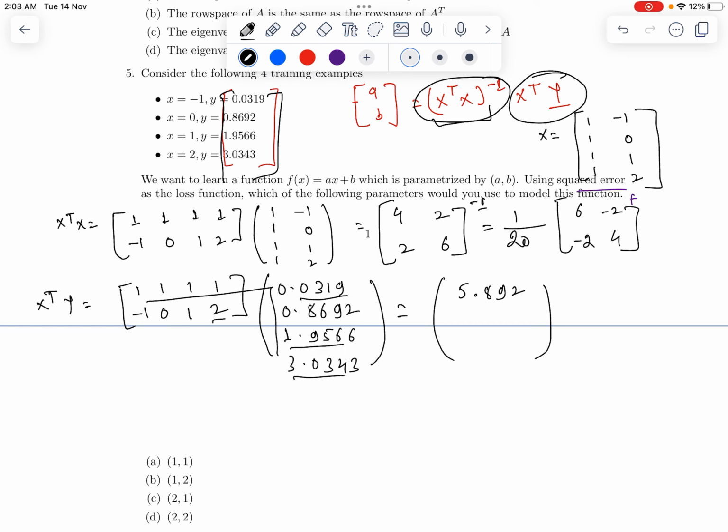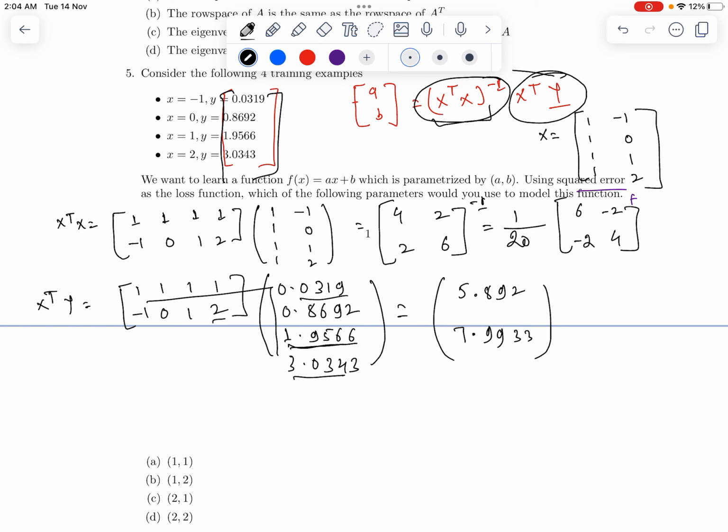Now if you do the second multiplication, then 2 times 3.0343 plus 1 times 1.9566 minus 0.0319. Let me do it. So it will be 7.9933.